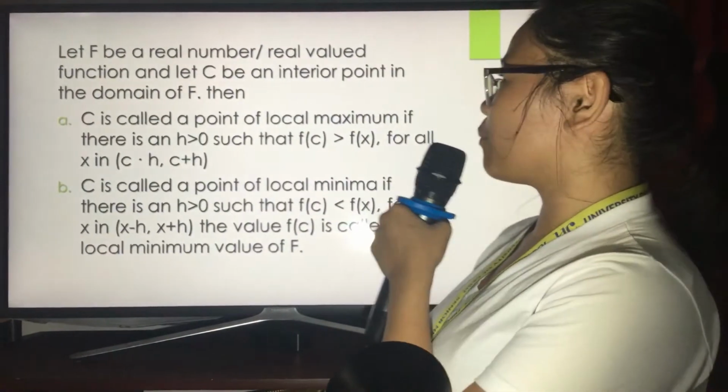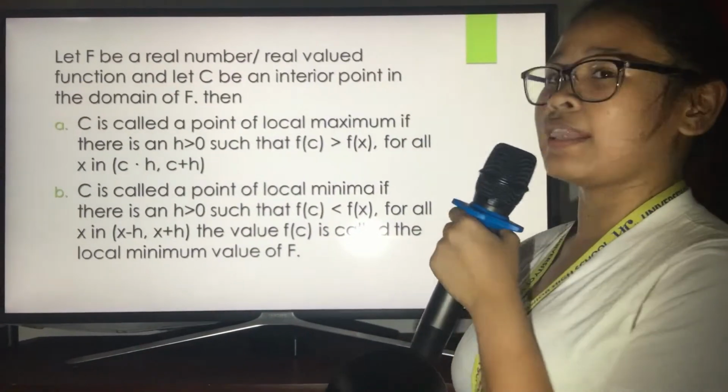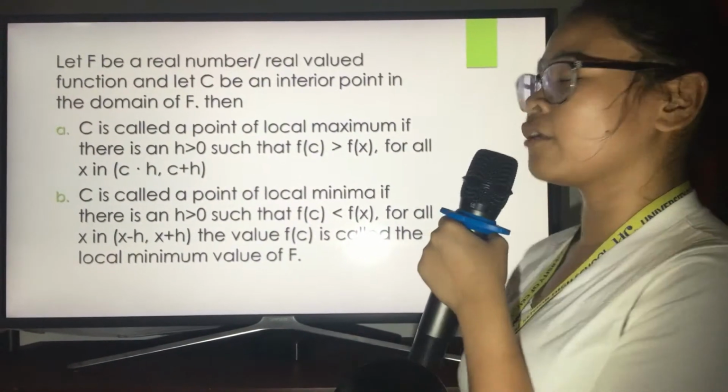Let f be a real valued function, and let c be an interior point in the domain of f.